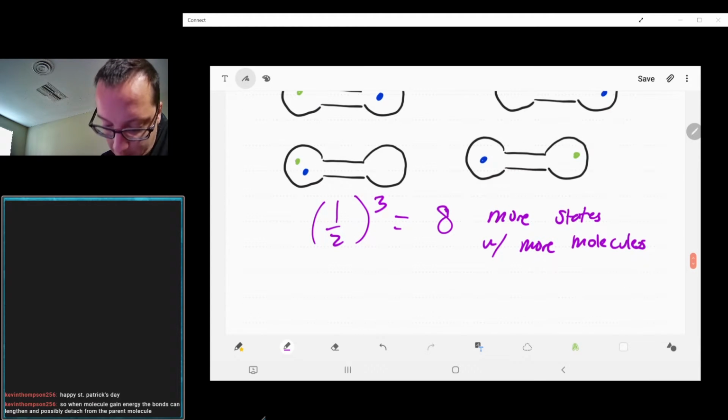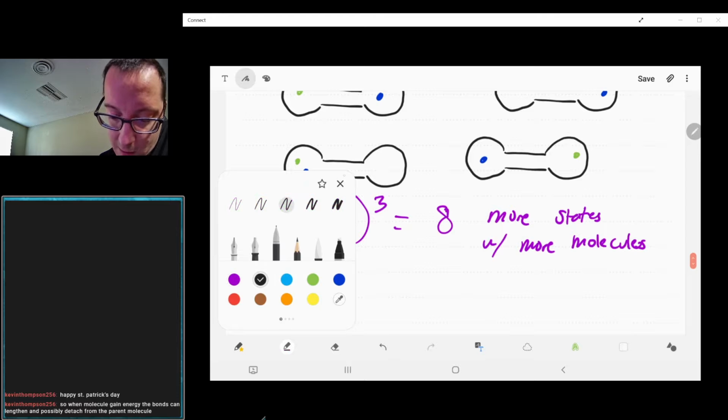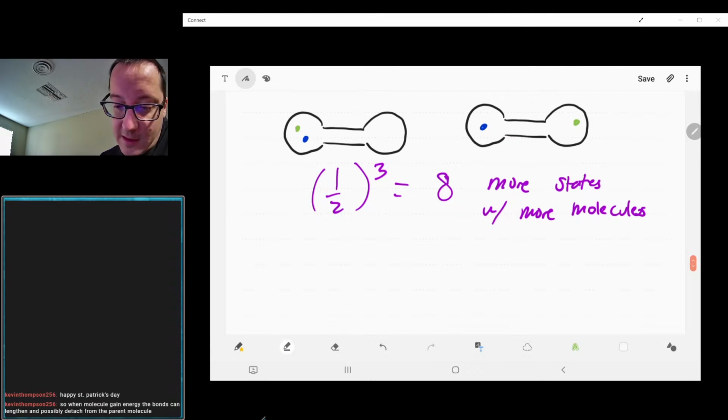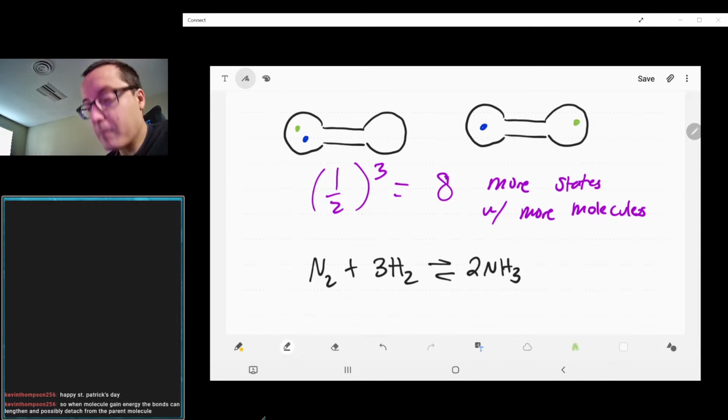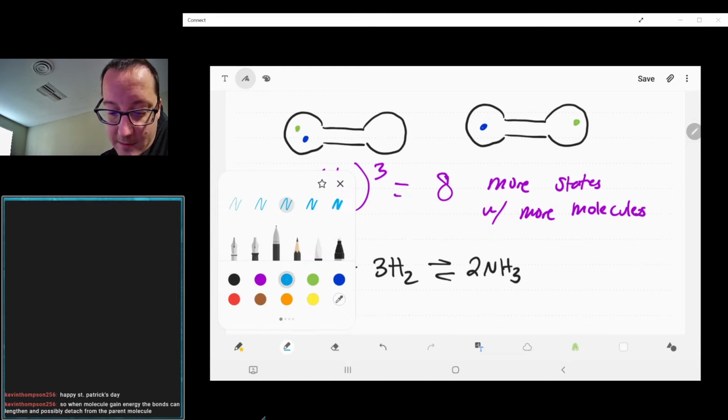And if you want to think about that, for example, we have absolutely our favorite reaction of all time. We saw how we could mess with the equilibrium with this with changing the pressure, right? How we could influence it moving to the side of more or fewer molecules. Entropy will favor this one.